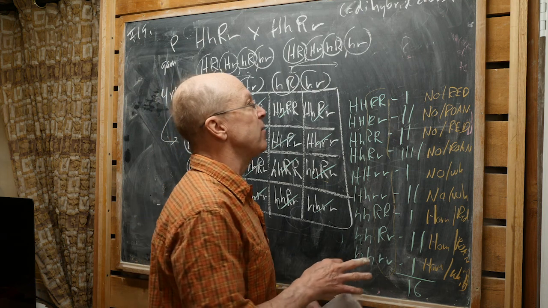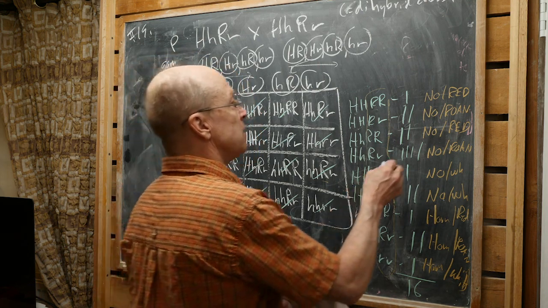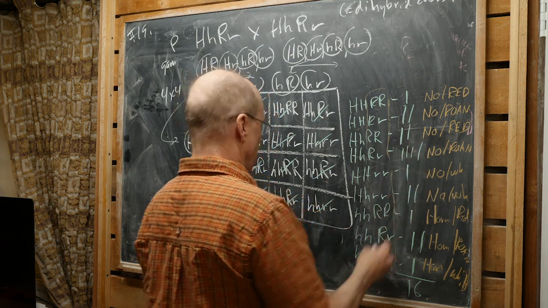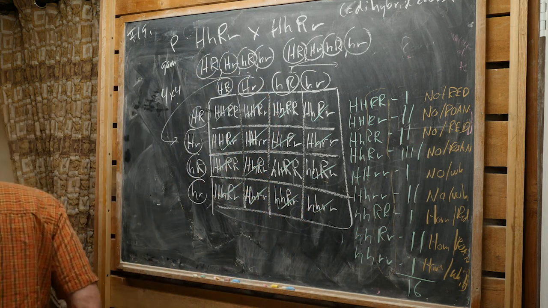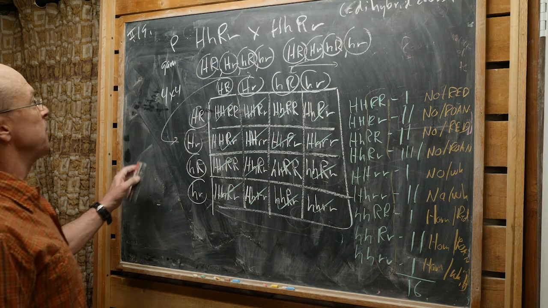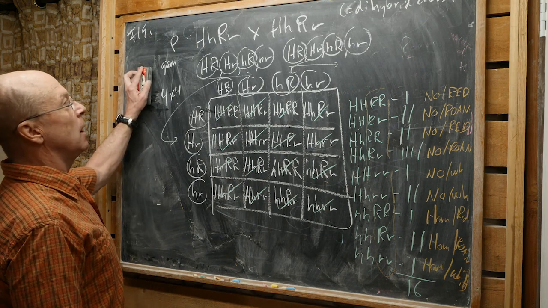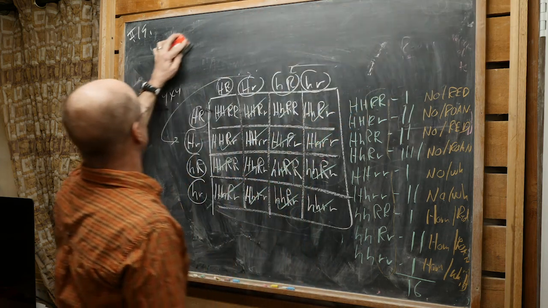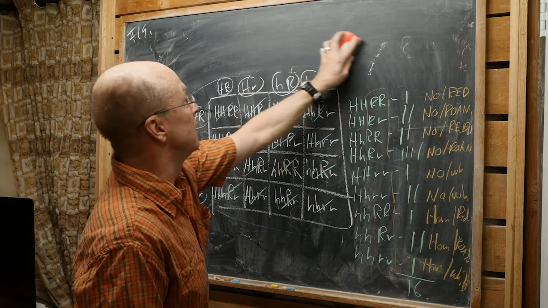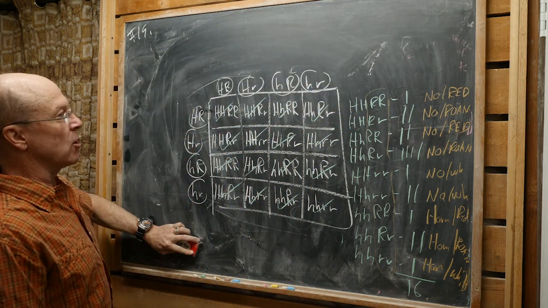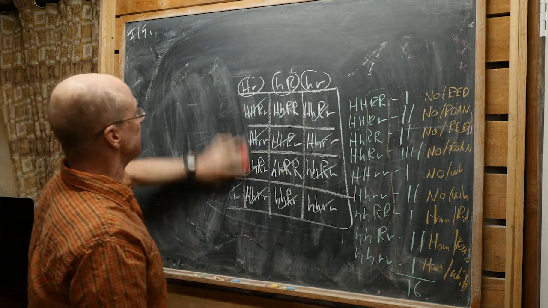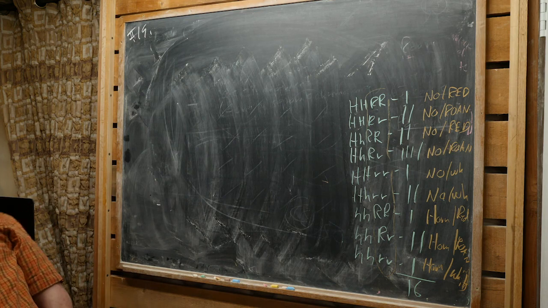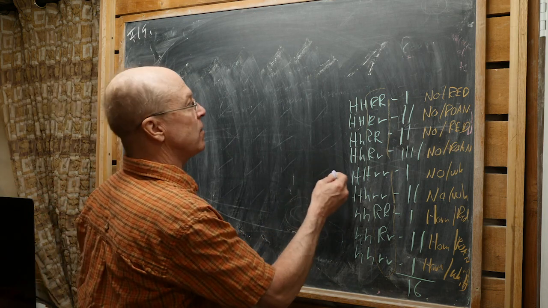So let's identify these. I'm going to erase the board so we can actually start to deal with our phenotypic ratios. I'm going to take the cross away because we've got the cross summarized, and then we can actually find out what these are.